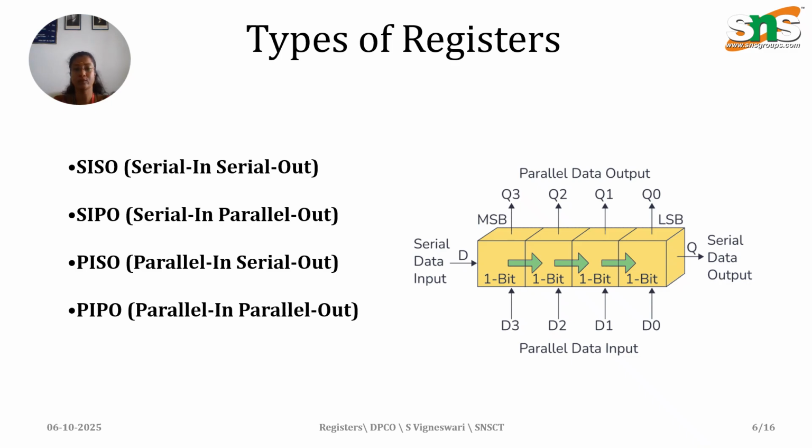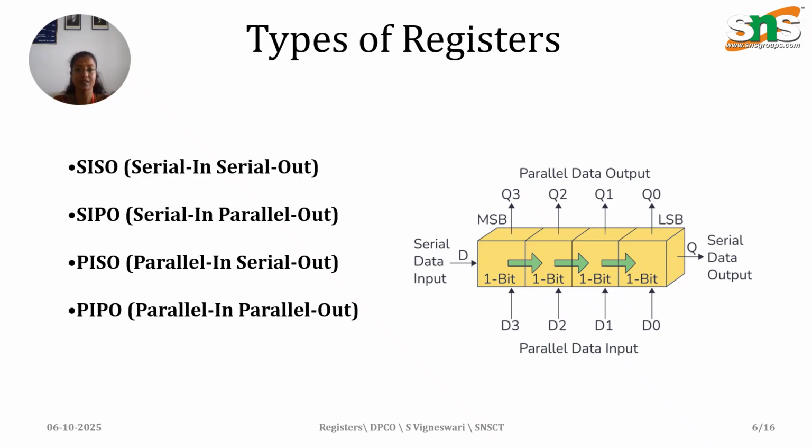So what are the types of registers? Registers are of four types: serial in, serial out shift register (SISO); serial in, parallel out shift register (SIPO); parallel in, serial out shift register (PISO); and parallel in, parallel out shift register (PIPO).